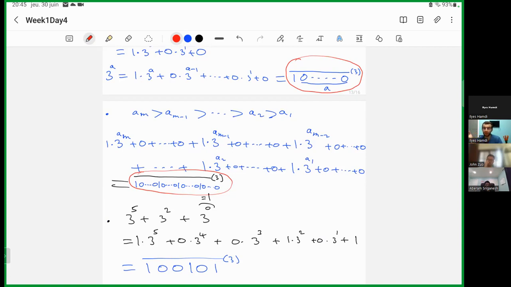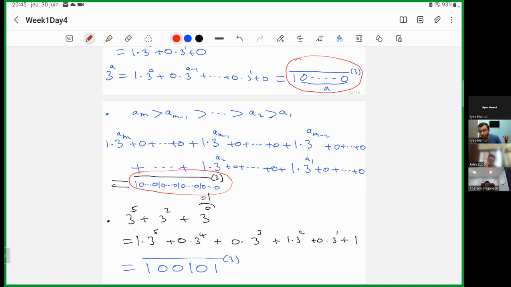But in base 3, a lot of numbers have digits equal to 2. But I'm only considering those who have digits equal to 0 or 1, because the powers of 3 are distinct. If the powers of 3 could be equal in the sum, then a digit 2 would appear in the expression. But here, I'm only considering zeros and ones. Yeah, exactly.